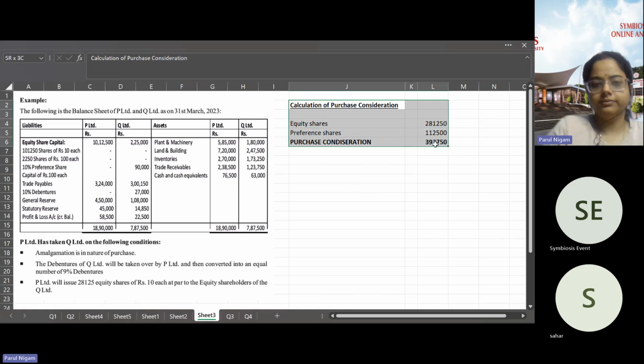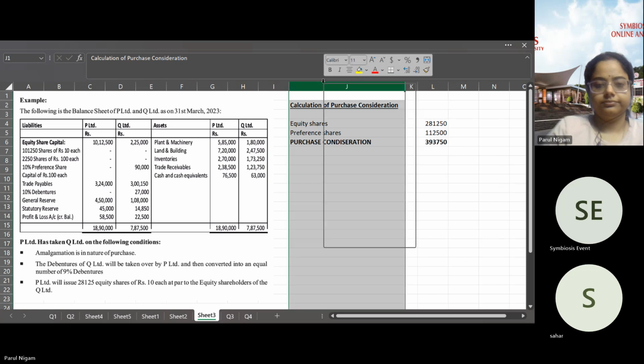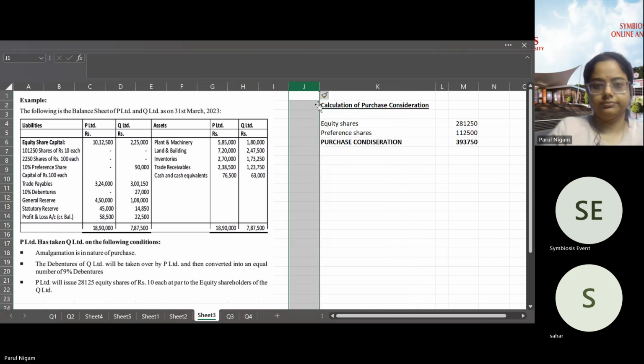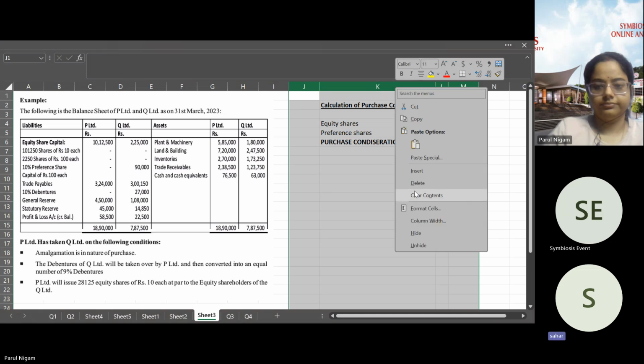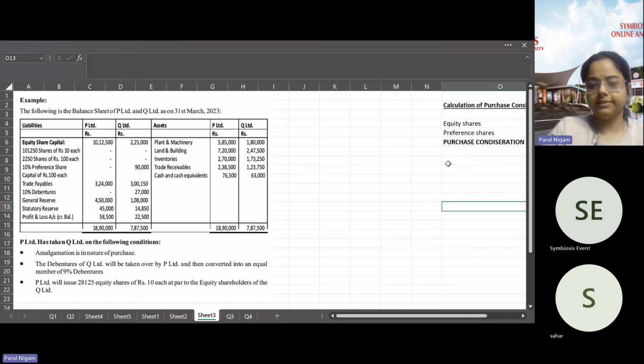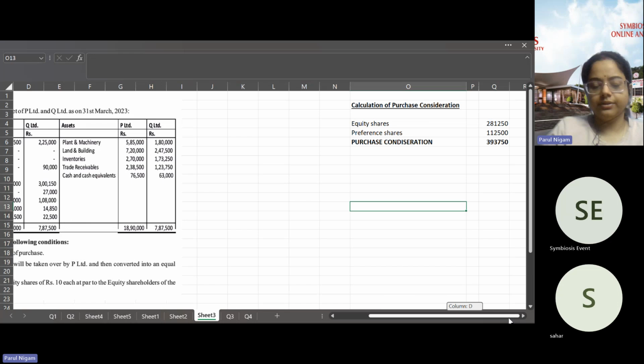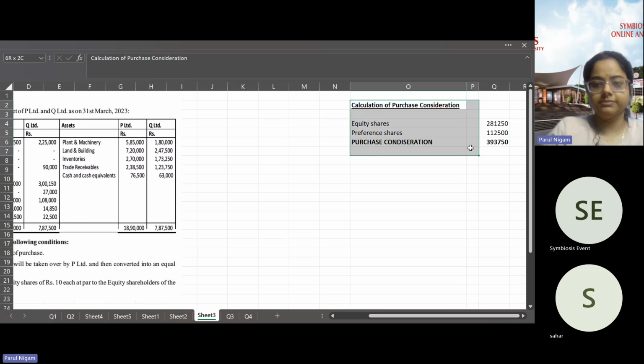Okay, is that clear, everyone? Is that clear, how we have calculated purchase consideration in exams? This much carries 2 marks.